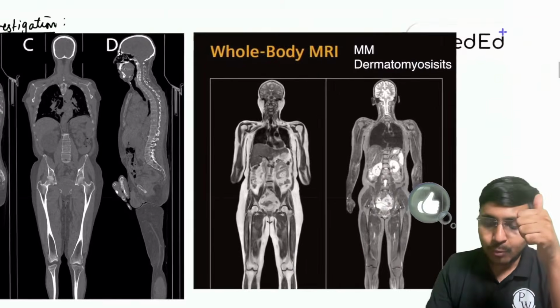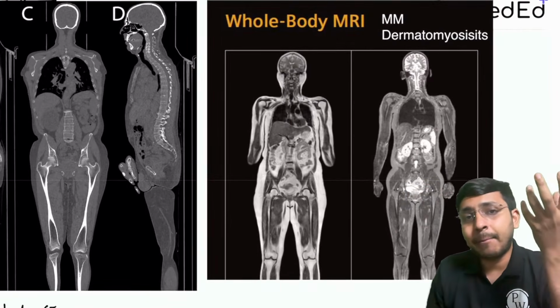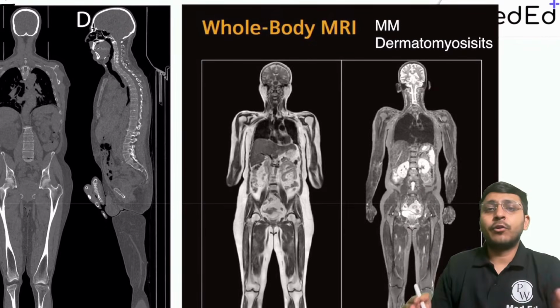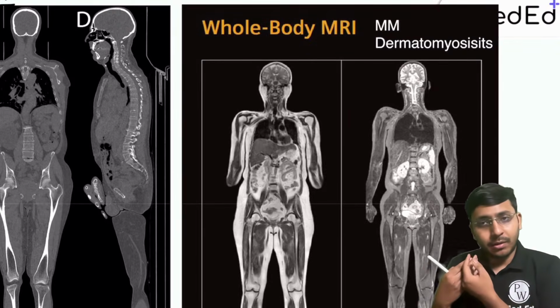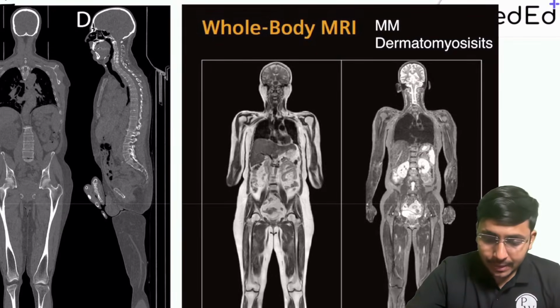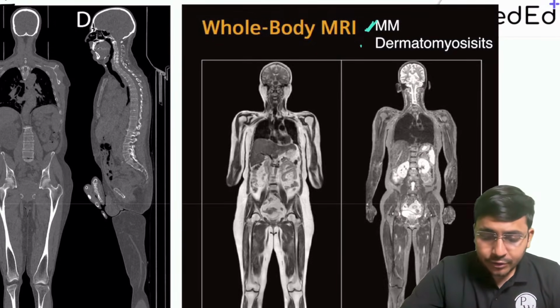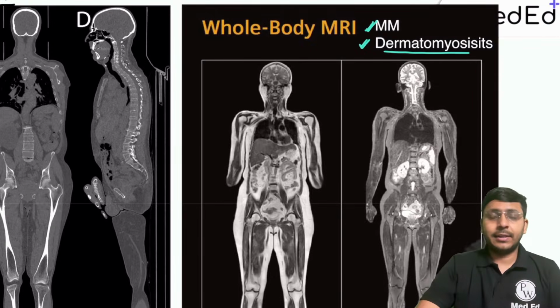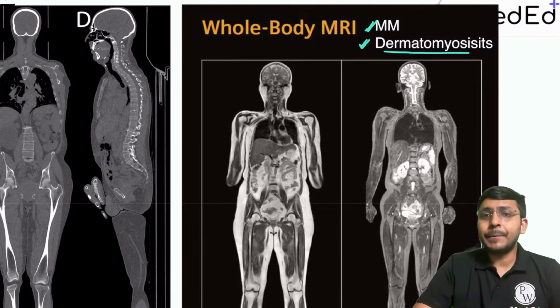Now, similar to whole body CT, we have whole body MRI. Whole body MRI also is used for various bony pathologies like multiple myeloma, and it is also used for a very important pathology known as dermatomyositis. Right? It's a type of inflammatory myopathy.